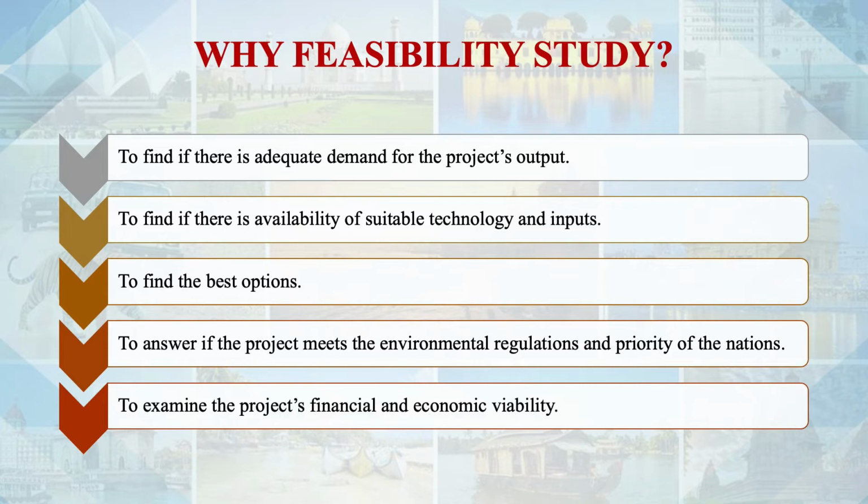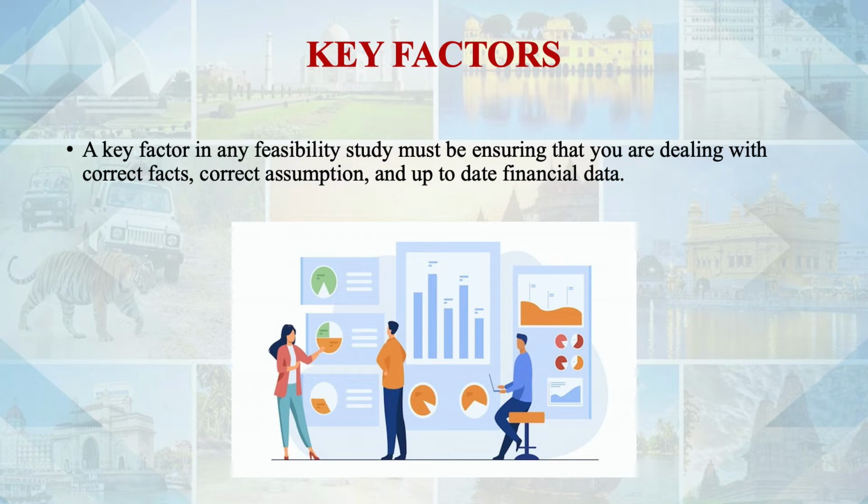To examine the project's financial and economic viability is also a part of feasibility study. Few key factors are important for feasibility study, and feasibility study must ensure that you are dealing with correct facts. Correct data should be there with you. Correct information should be there about the past. Then correct assumptions that you make.